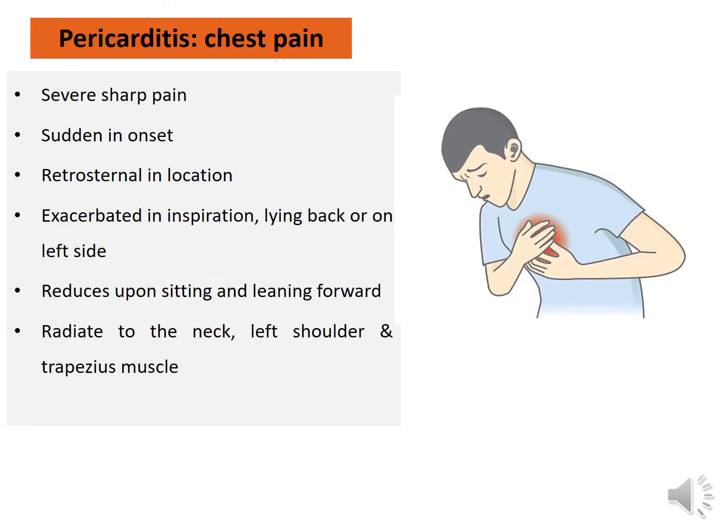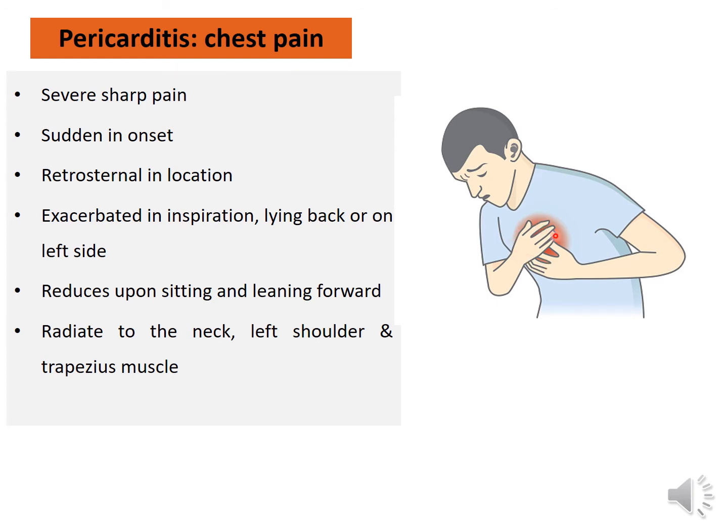Pericarditis results in chest pain. This chest pain is usually severe and sharp, and sudden in onset. Particularly it is located behind the sternum, and this pain will increase during inspiration and also when you are lying back or on the left side, and the pain will reduce while sitting and in a leaning forward position.